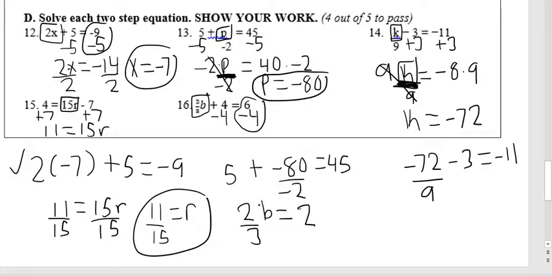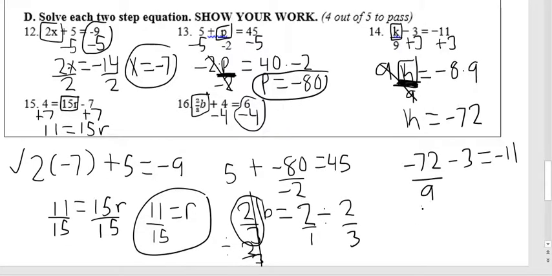And then from there, we have to get rid of this multiplication of 2/3 by using division. We're going to divide both sides by 2/3. Okay? So 2/3 divided by 2/3, that's going to cancel to a 1b.